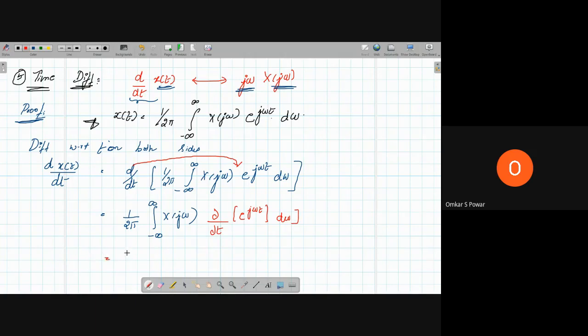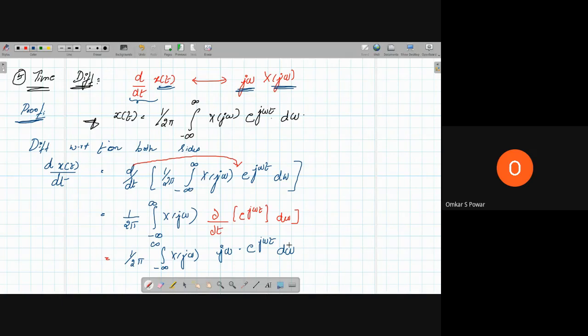This will be equal to 1 by 2π integral from minus infinity to infinity X(jω). Now the partial derivative of e^(jωt) with respect to t is nothing but jω into e^(jωt) dω.